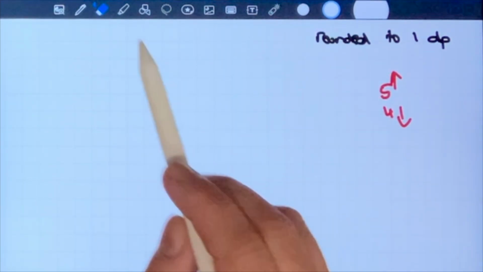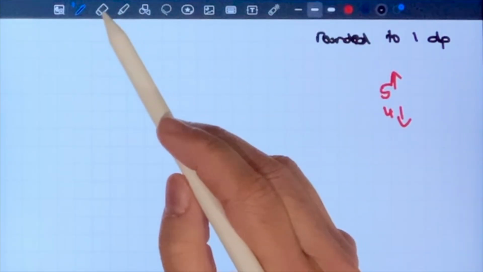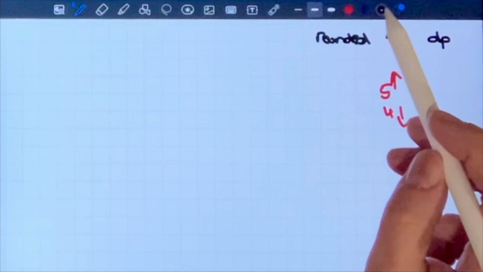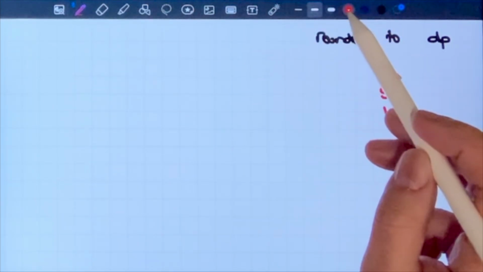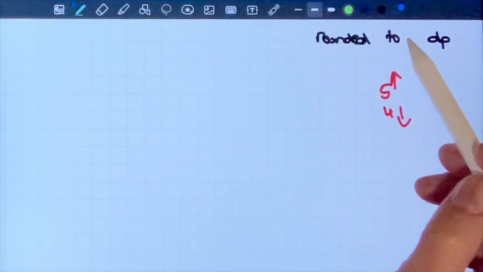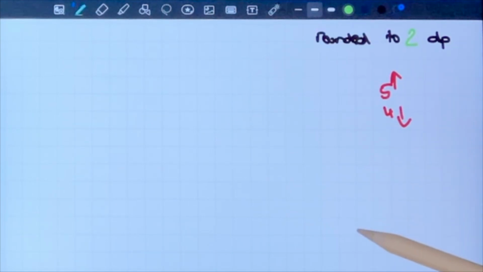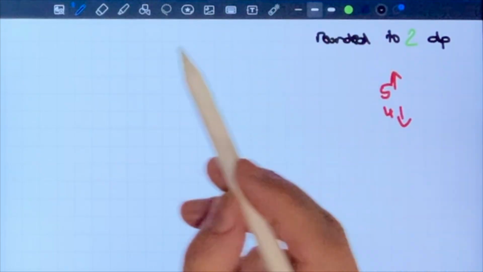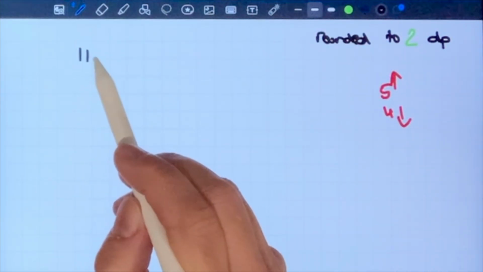Now I want to do a few examples with rounding to 2 decimal places. So, number 11.